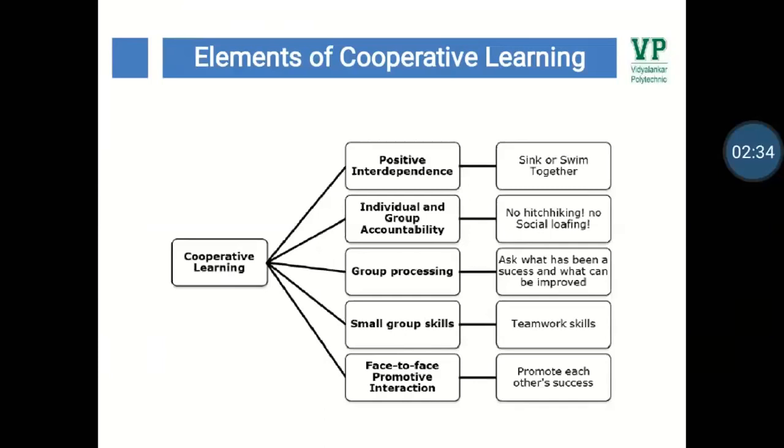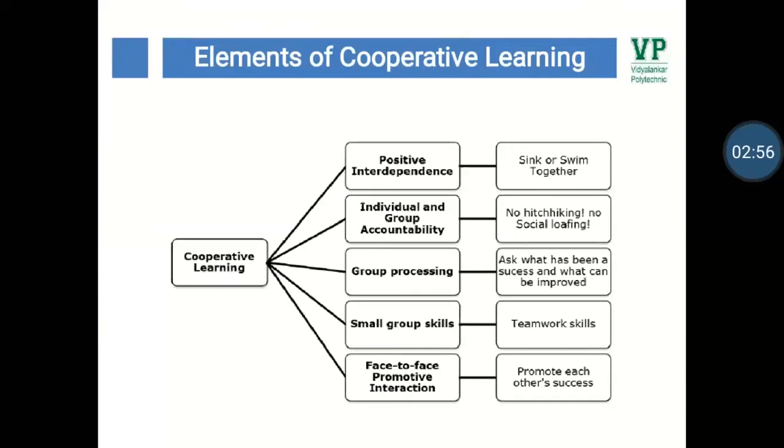Group processing is the third essential element of cooperative learning. Group processing should be practiced in order to keep track of how well the group has achieved its goals and further to maintain effective working relationships with group members.